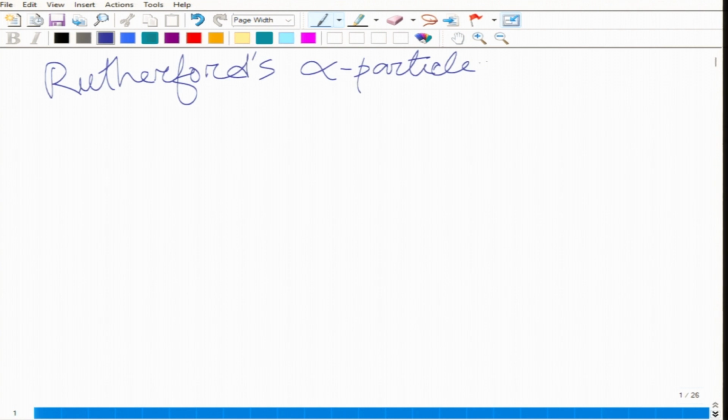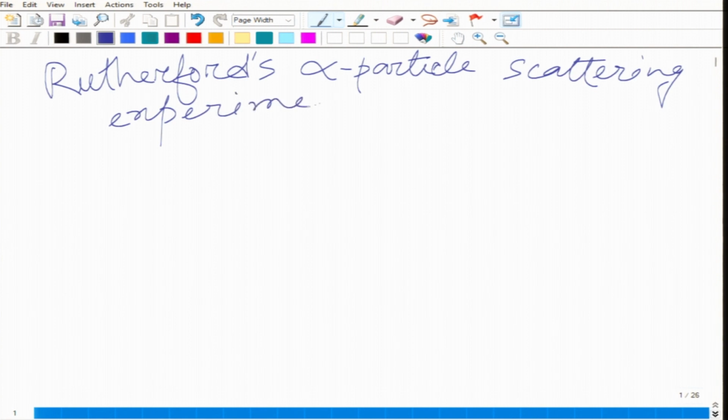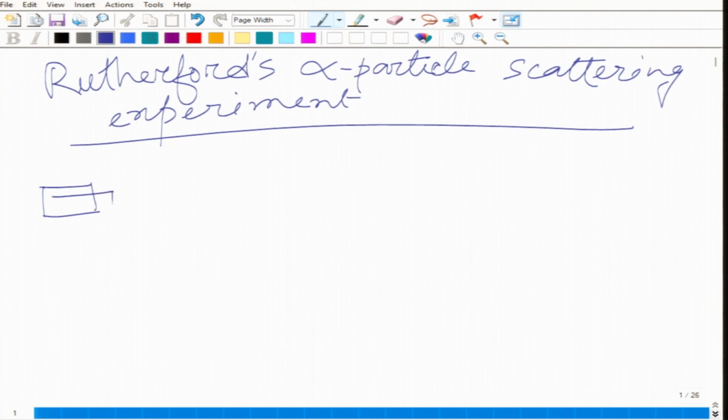Rutherford performed an experiment known as Rutherford's alpha particle scattering experiment. We had discussed previously that in this experiment there was a lead box with a hole in it, and this lead box contained a source of alpha particles.